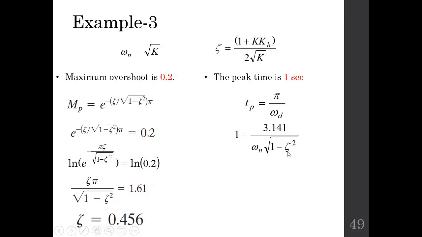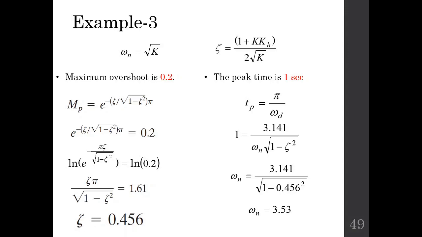We have already found the value of zeta, which is 0.456. So by putting the value of zeta in this equation, we can easily find out omega n, which is 3.53. So by using the already given parameter values, we have found zeta and omega n.